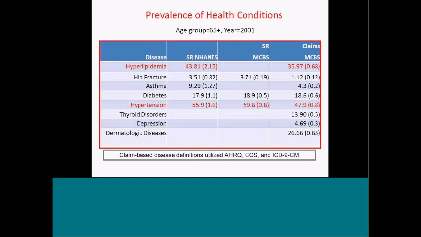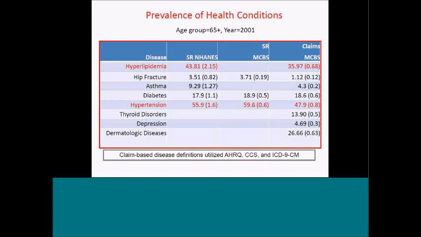In the middle column, there is a self-report for MCBS as well. MCBS itself asks some questions for self-report. For this project, we decided to set aside all the self-report from MCBS so that we pretend as though we don't have any of this MCBS self-report data.